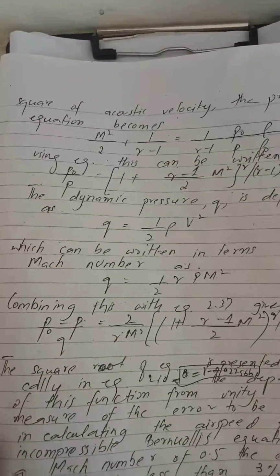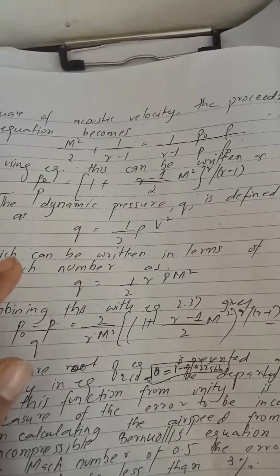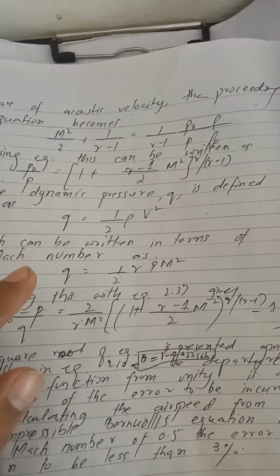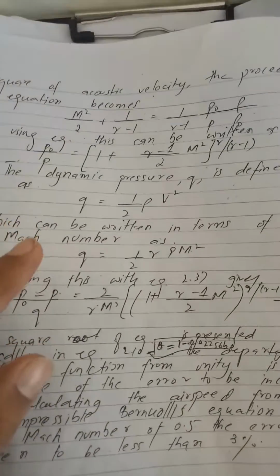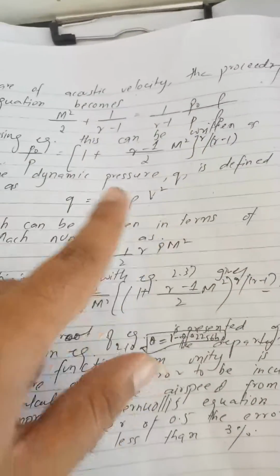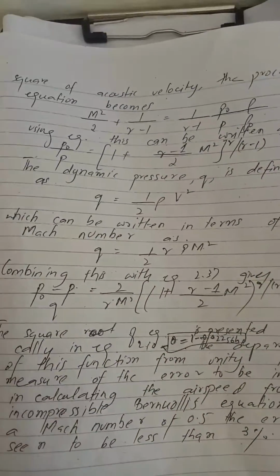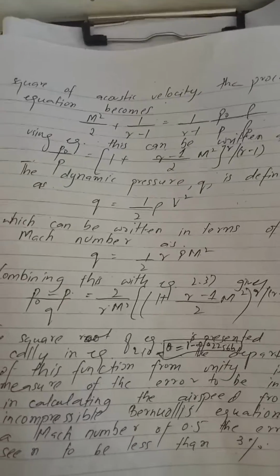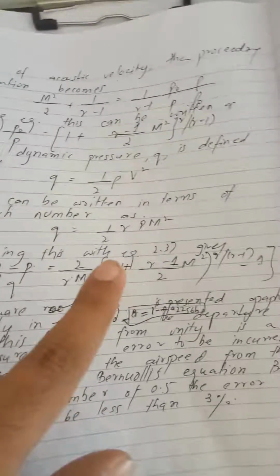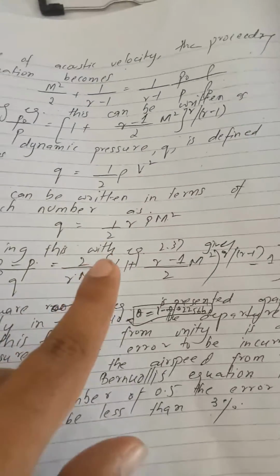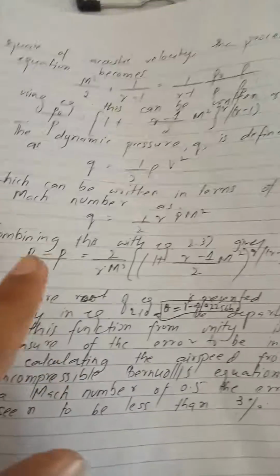The preceding equation becomes this one, M squared over 2 plus 1 over gamma minus 1, which is equal to p0 over p. And using the equation this can be written as rho0 divided by rho, which is this. You just have to replace it, as the left hand side and right hand side are changed over. The dynamic pressure q is defined as this one, which can be written in terms of Mach number as this: half rho V squared, which is half gamma p M squared.